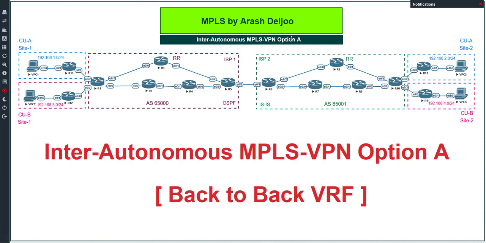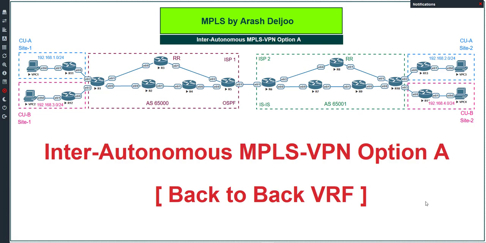The first is option A. We call option A back-to-back VRF. You will understand why we say back-to-back VRF, why we need back-to-back VRF, and after that, you can compare this type of inter-autonomous MPLS VPN with the next options.